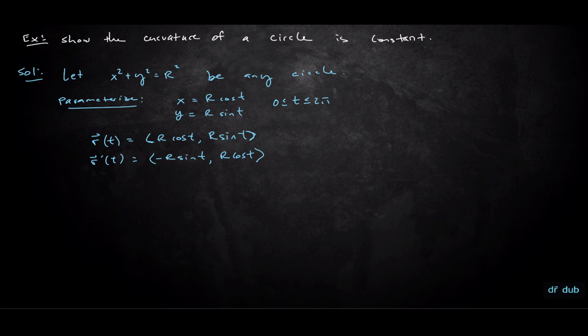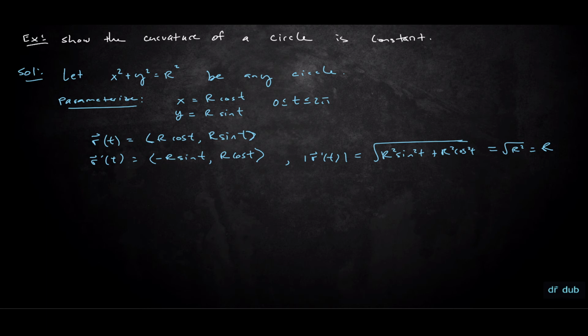And the magnitude of r prime of t is equal to the square root of R squared sine squared plus R squared cosine squared, which is the square root of R squared, which is R. Because R is positive, I don't need absolute values. So that's the magnitude of r prime of t.